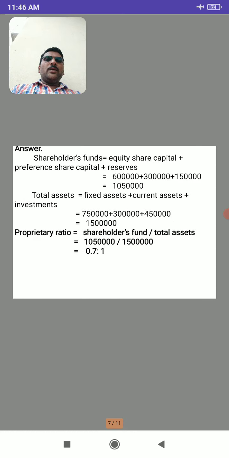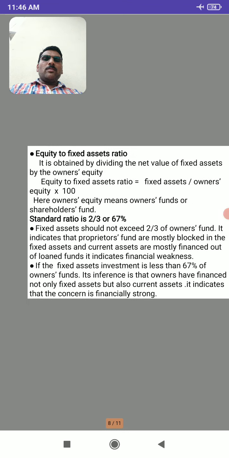Here the firm has to maintain a 5:1 ratio, but by dividing the shareholders' fund by total assets, we are getting only 0.7:1 as the proprietary ratio. So by this we come to know that the firm does not have a sound financial position.